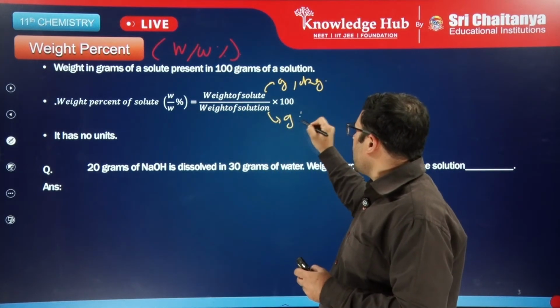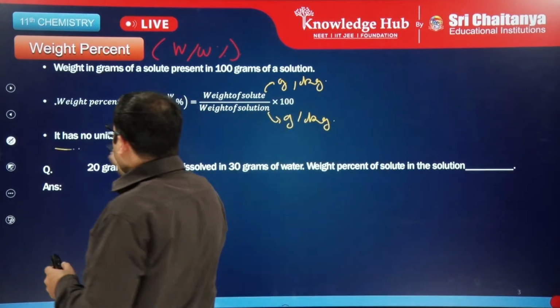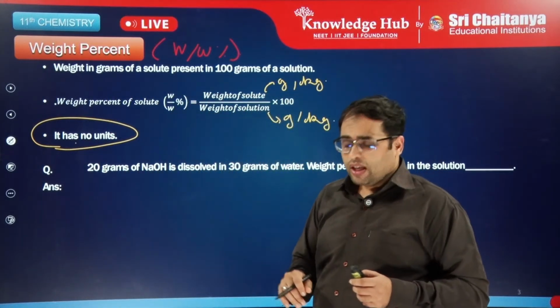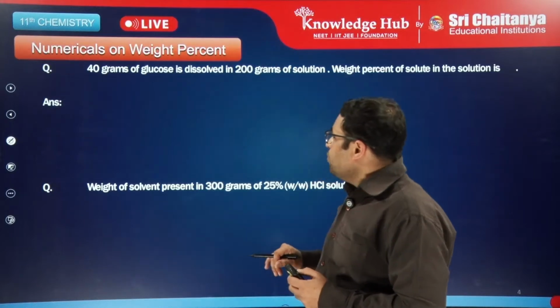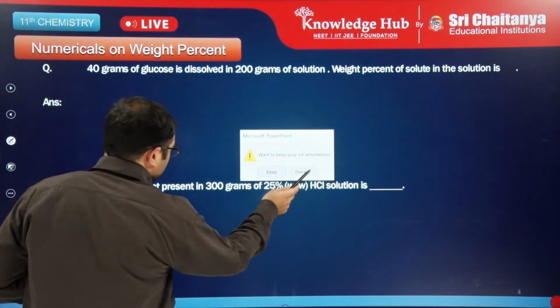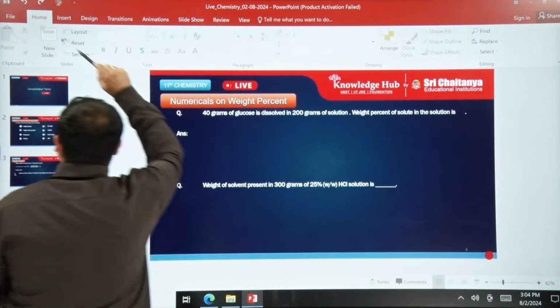So this can be also in grams or this can also be in kgs. And it has no units. Now before I move forward, let me just take an extra slide and explain you another new concept.